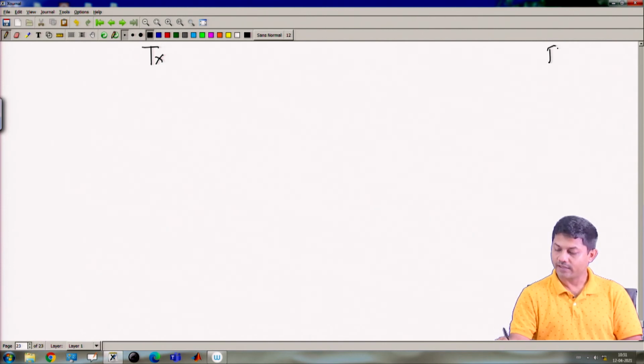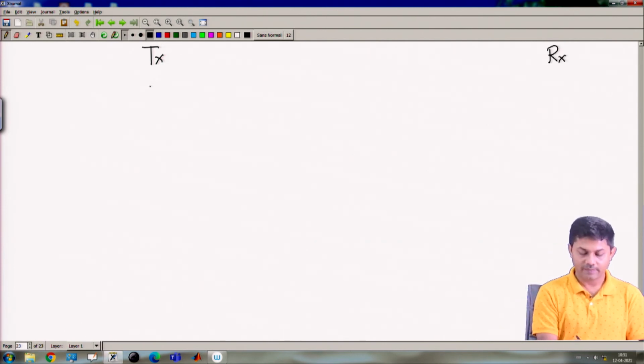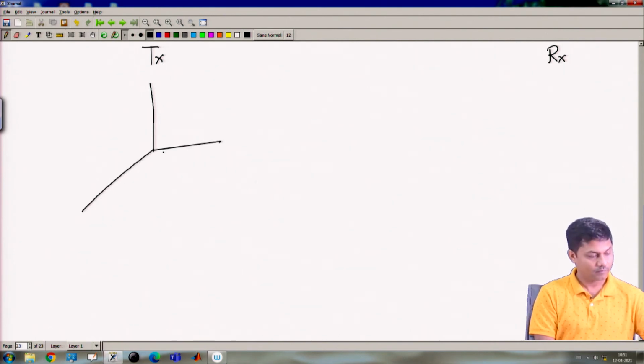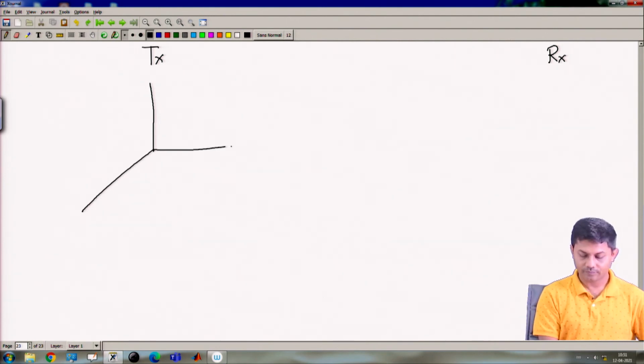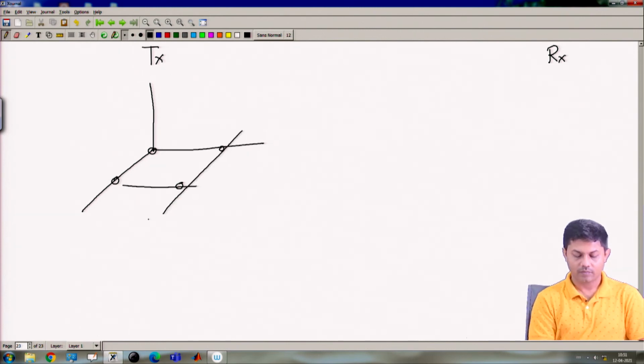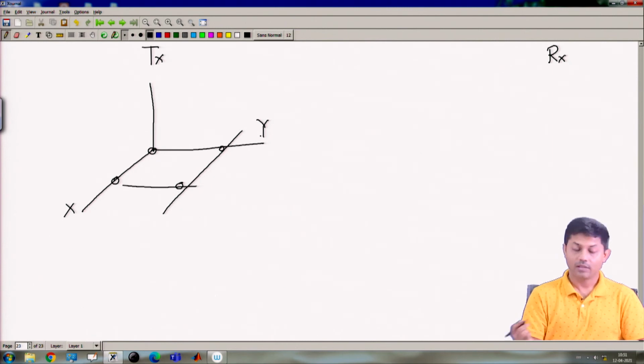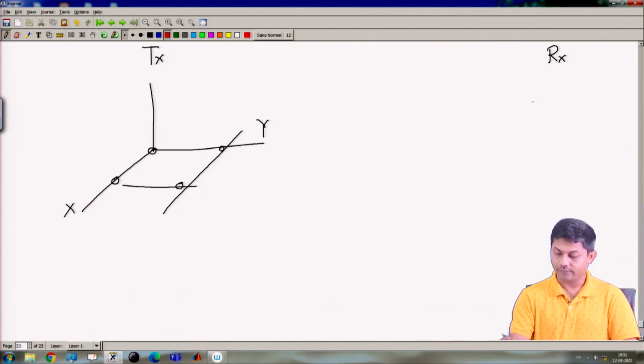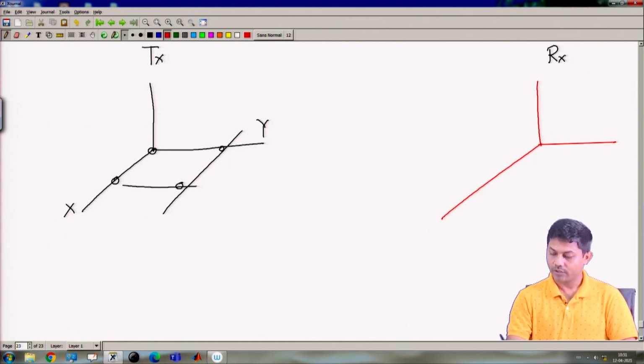So, this is my RX side. Let us say my antennas are placed like that. Four antennas. So, this is my x and this is my y coordinate. But on the RX side, let us say I have antennas which are placed only like this.